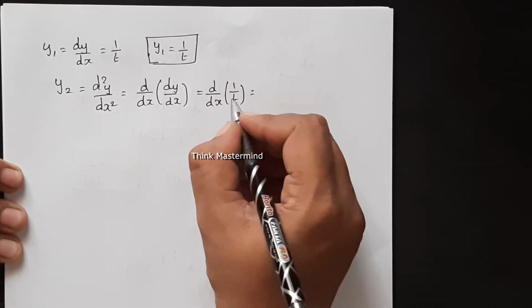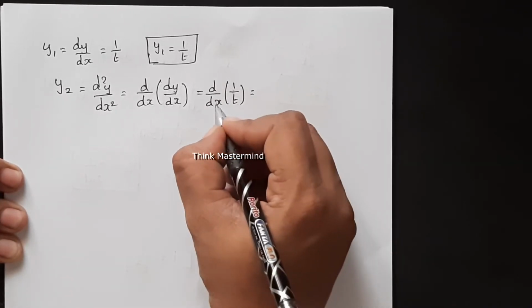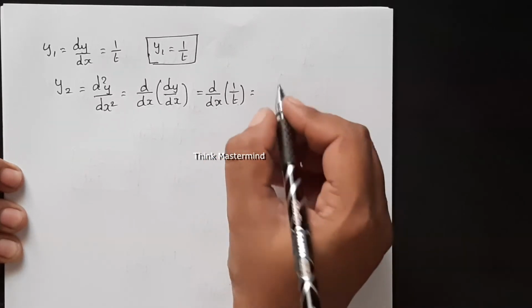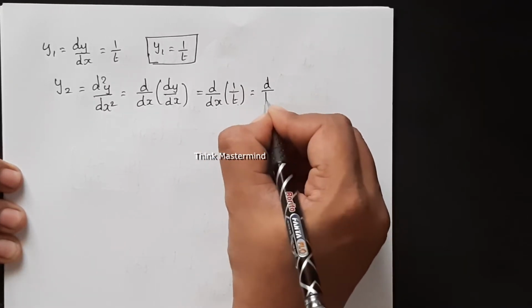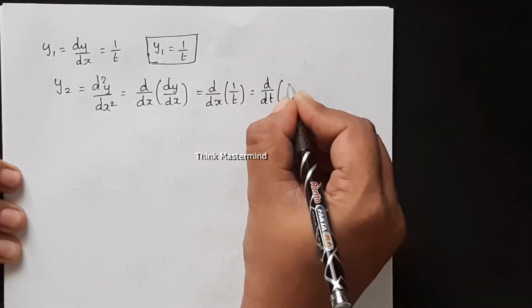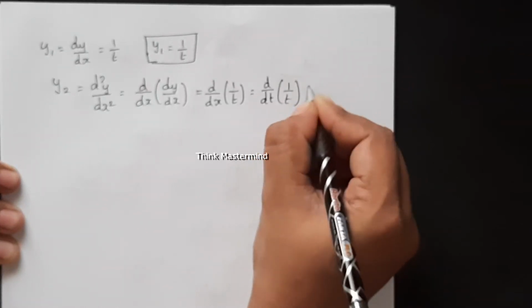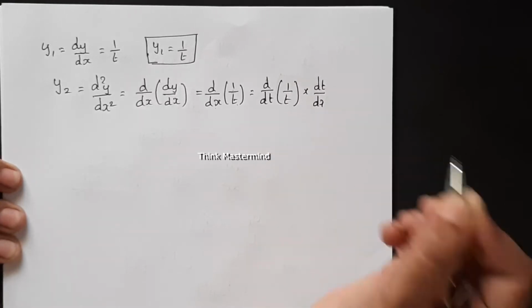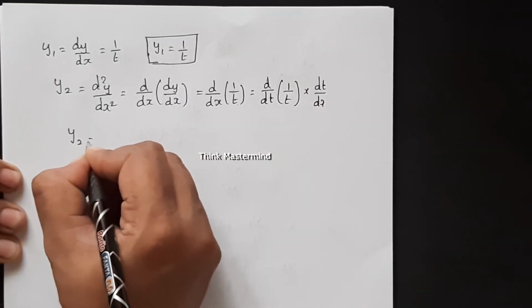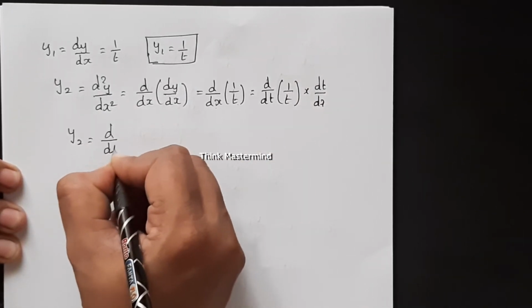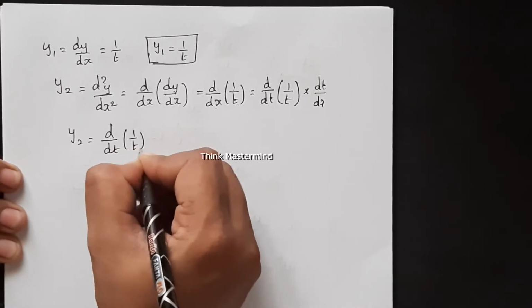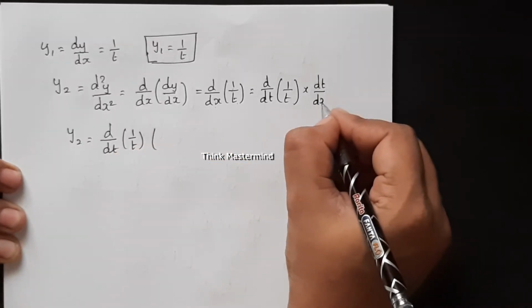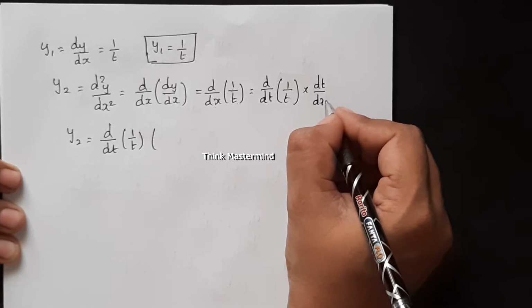Now using the chain rule, it is a function of t, but we need differentiation with respect to x. Then it can be written as d by dt of 1 by t into dt by dx. Here dt by dx is the reciprocal of dx by dt.